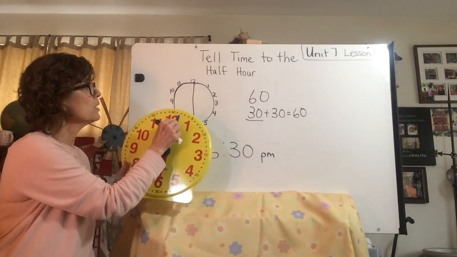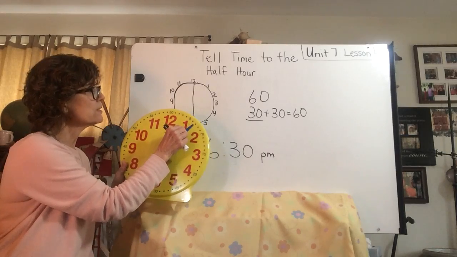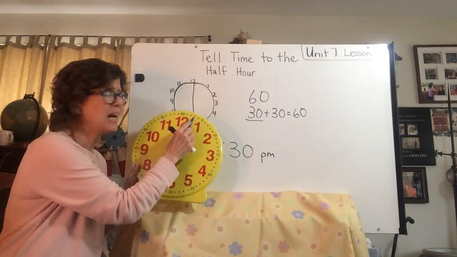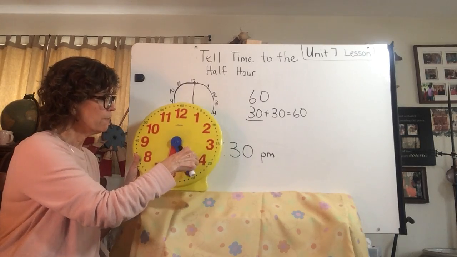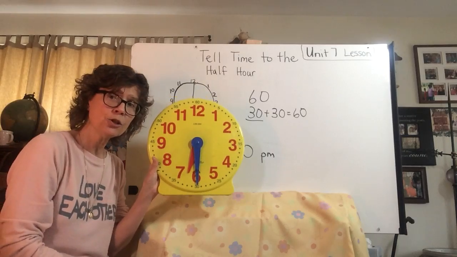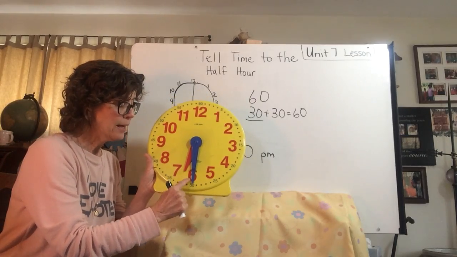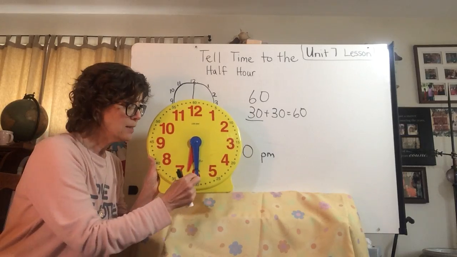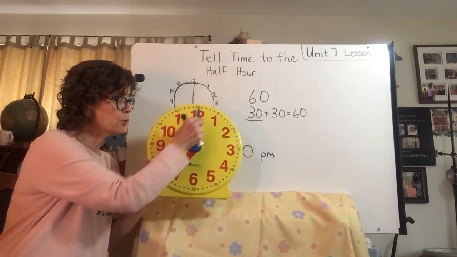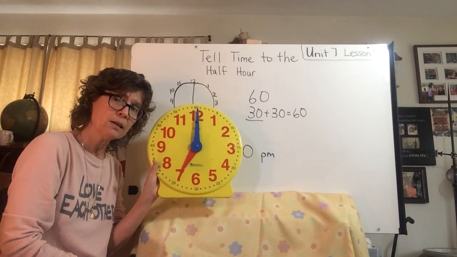And I could do this 1, 2, 3, 4, 5, 6, 7, 8. That takes a long time. I'll count by fives. 5, 10, 15, 20, 25, 30. There's 6:30. Again, the hour hand is between the 6 and the 7 because it's not 7 o'clock yet. It's still a half hour or 30 more minutes to get to the 7 o'clock.